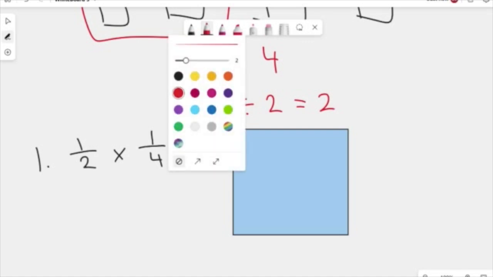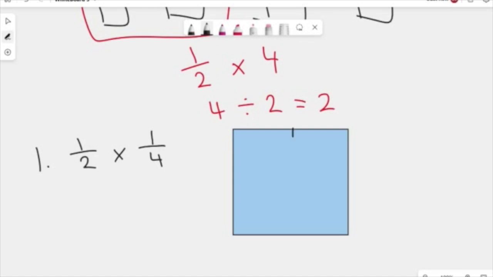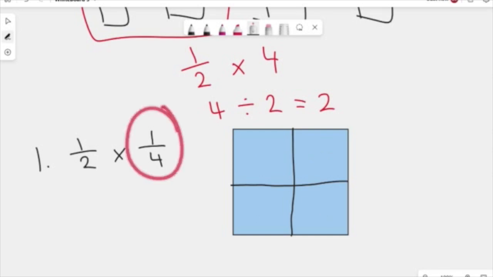And we have here a quarter. Obviously not perfectly drawn, but we have 4 equal bits: 1, 2, 3, 4. And this is our quarter here. Now, we want to take half of 1 quarter. So let's draw this here.